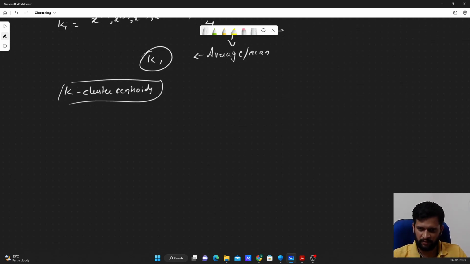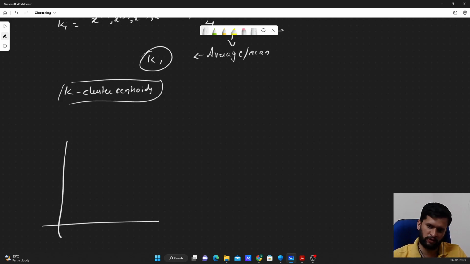As an example, if I can plot something for you, let's say after assigning the data points to clusters and moving the centroids several times, we arrive at some grouping of the data. Okay, so this red here is one cluster centroid, one cluster, and this yellow here can be treated as another cluster centroid with these data points assigned to this particular centroid.